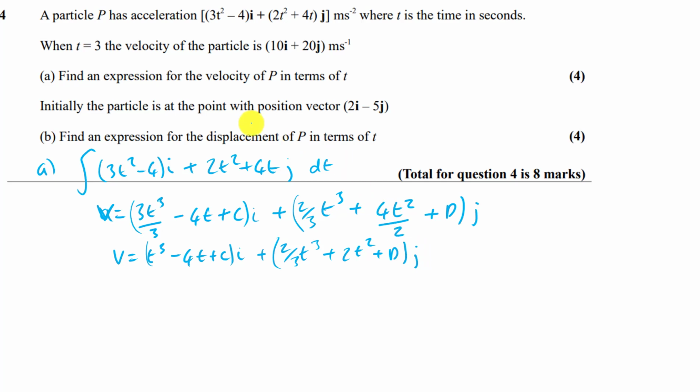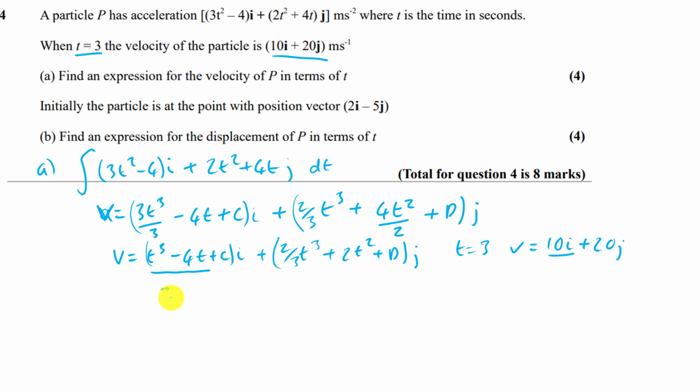Now, because they've given us when t equals 3 the velocity is this, we can use that, right? t equals 3, v equals 10i plus 20j. So we just substitute here, right? So what this means is that 10i component is going to match up with this when t equals 3.